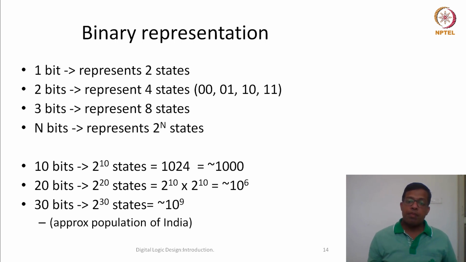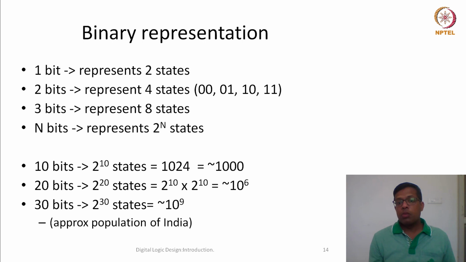When you buy memories, they are also written as 1 kilobyte, 1 megabyte, 1 gigabyte, 1 terabyte. 1 kilobyte means 2 to the power 10 bytes, so around 1000.